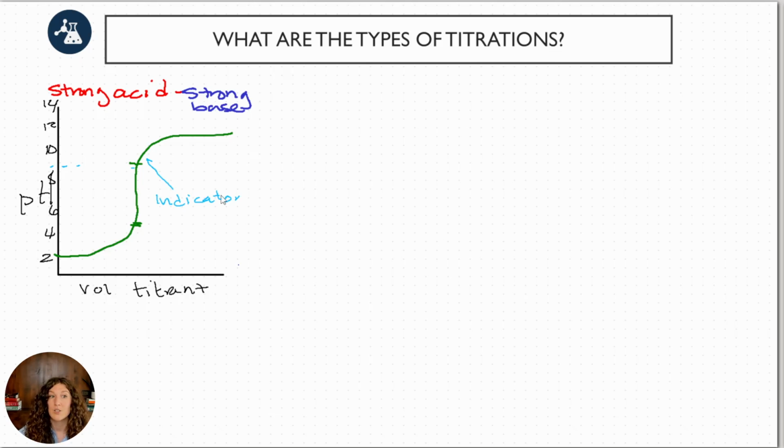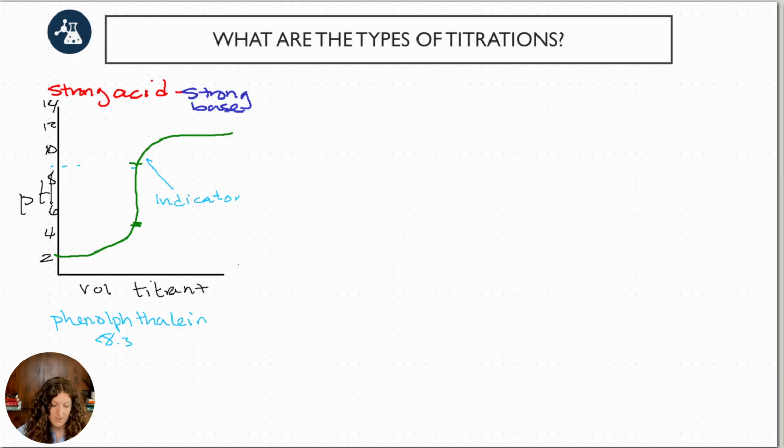Honestly, with a strong acid, strong base, we could pretty much use any major indicator because we're starting so low and ending so high that we're definitely going to get a color change somewhere. But we often will use phenolphthalein because it changes color right around that 8-ish range, right? So less than 8.3, greater than 10. That's where we're changing. So we'll definitely see that change happen right at that 8.3. But we really could use anything.